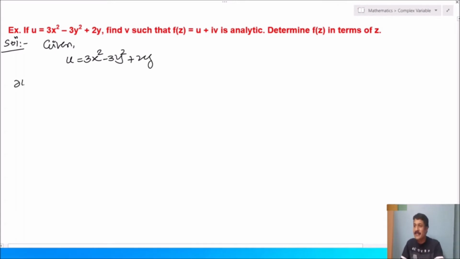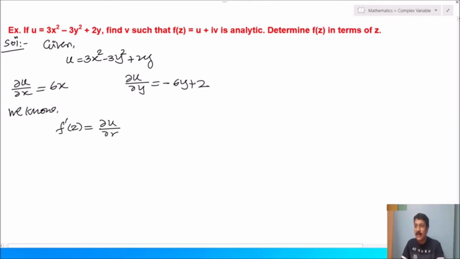So differentiate this with respect to x partially. I am getting here 6x, and del u by del y equal to minus 6y plus 2. We know f dash of z equal to del u by del x plus i del v by del x. If I consider this as equation number 1 and this as equation number 2, here I want to replace this value.